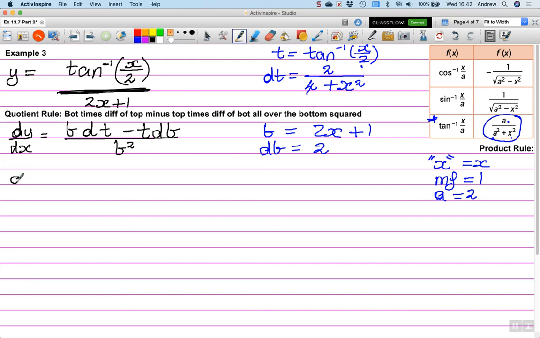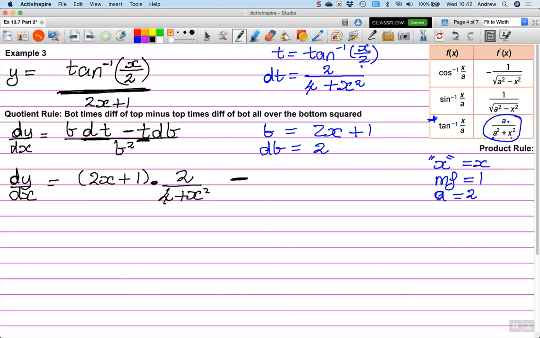Now, all we've got to do is apply it. So we have dy over dx is equal to, what's the bottom? The bottom is, open bracket, 2x plus 1, multiplied by the differential of the top, and the differential of the top is 2 over 4 plus x squared, minus the top.